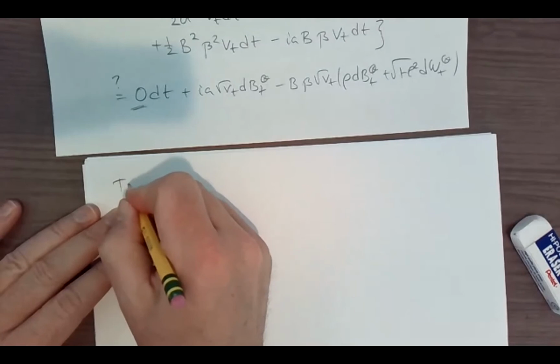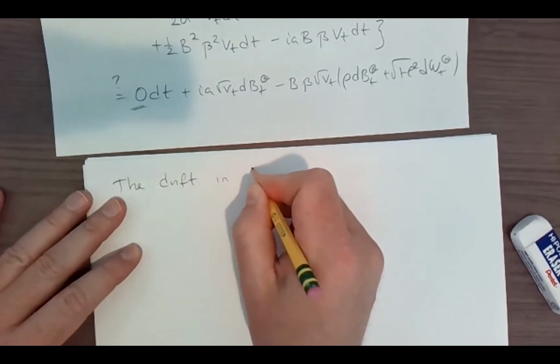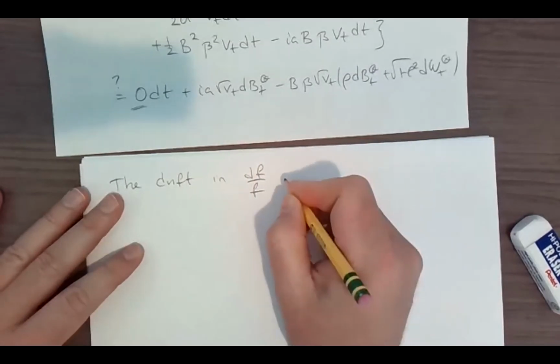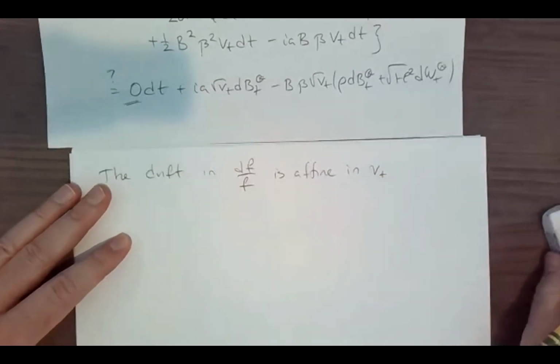So the drift in df over f is affine in Vt.